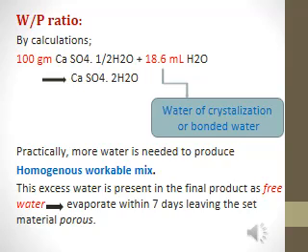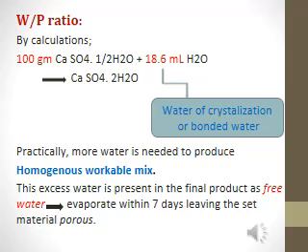But practically this is not the situation, because we need to add more water to produce a homogeneous workable mix. If you add only 18.6 milliliter of water to 100 gram of calcium sulfate hemihydrate, of course the reaction will be completed and all the hemihydrate is converted to dihydrate, but you will find that the mix is friable.